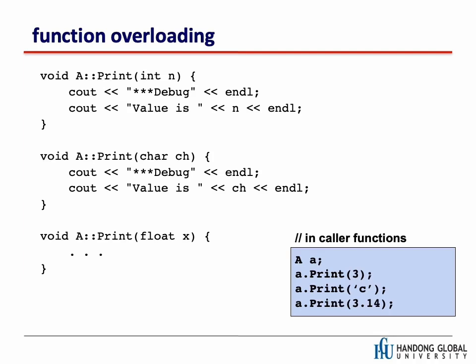When we call a.print, we can pass 3, or one character, or one float. If we call print with the integer 3, then the first function will be called. And if we call the print function passing 3.14, then the third function will be called.